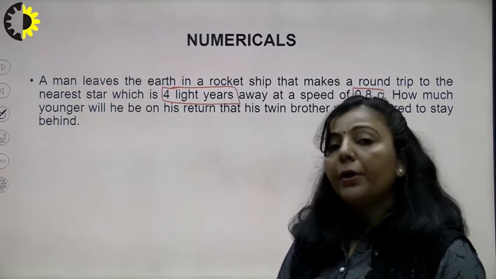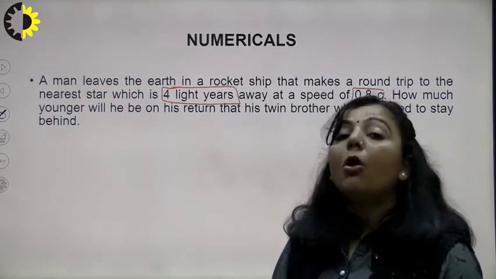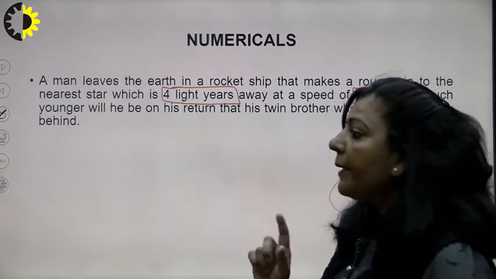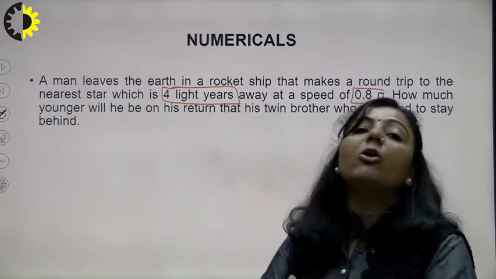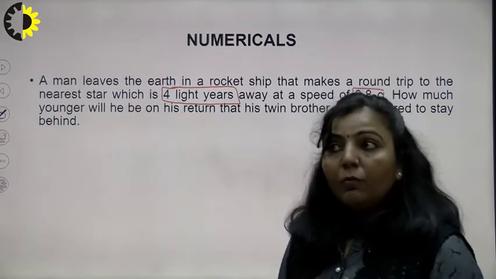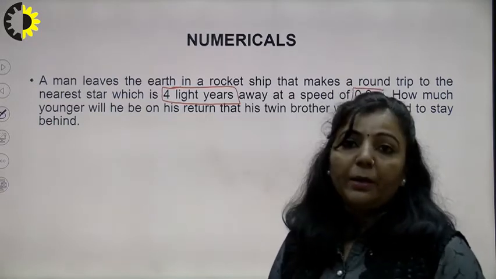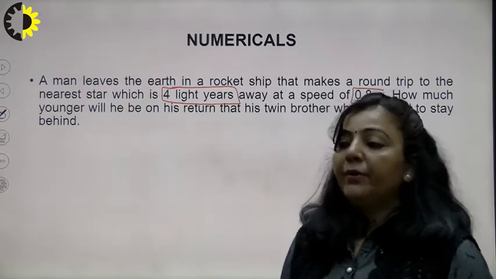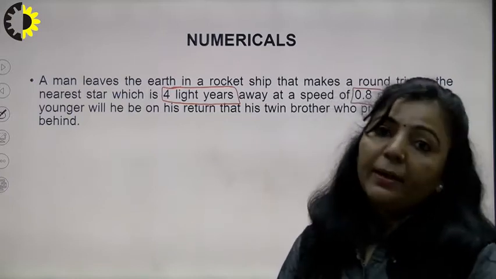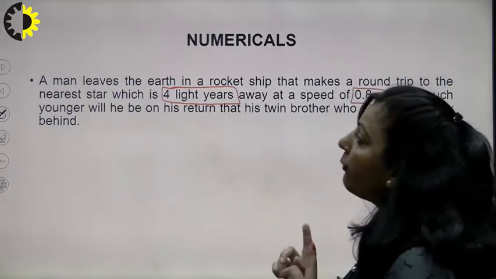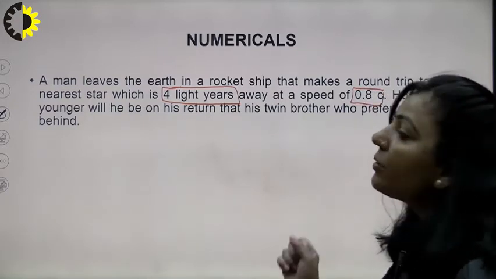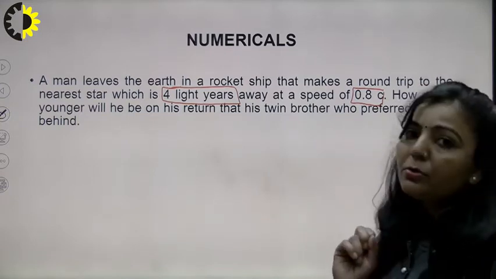You know that according to the concept of relativistic mechanics, or in other words the concept of time dilation, there will be a difference even in the biological clocks of those two twin brothers, because one twin, X, is traveling with relativistic speed, and whenever the movement is with relativistic speed, time is also affected by that speed. So you have to find the difference in the age of X and Y, right? Using the concept of time dilation, we will try to solve this question.